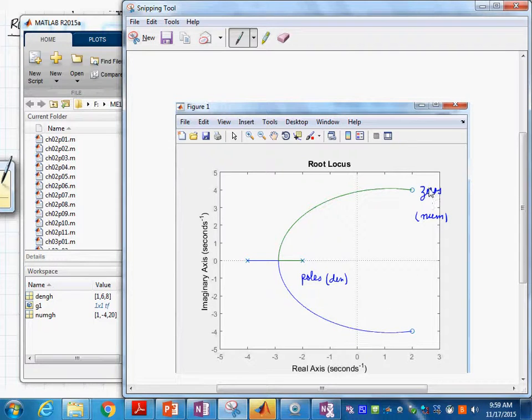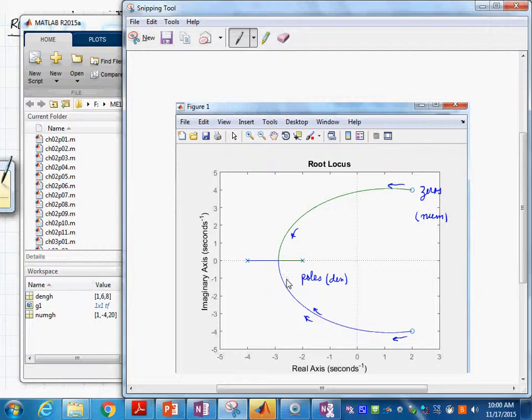What I was trying to tell you is this, the value of k equals 1, then the roots start over here, and as k increases, they're going to go this way, like that, see? So this will go like this.